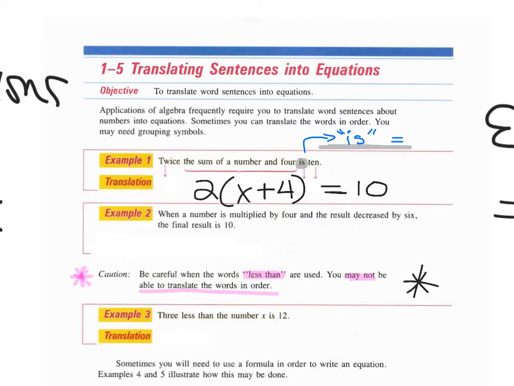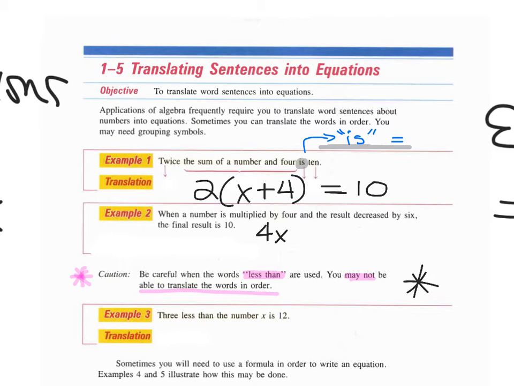Can someone translate this into an equation for me? So when a number is multiplied by 4, yes. X times 4 minus 6 equals 10.